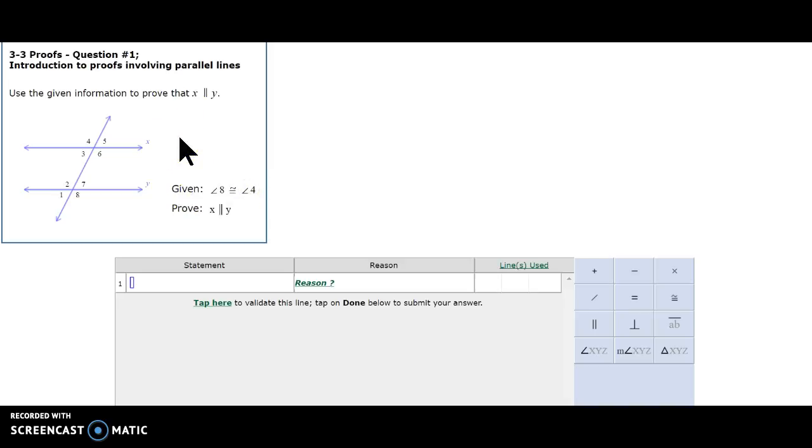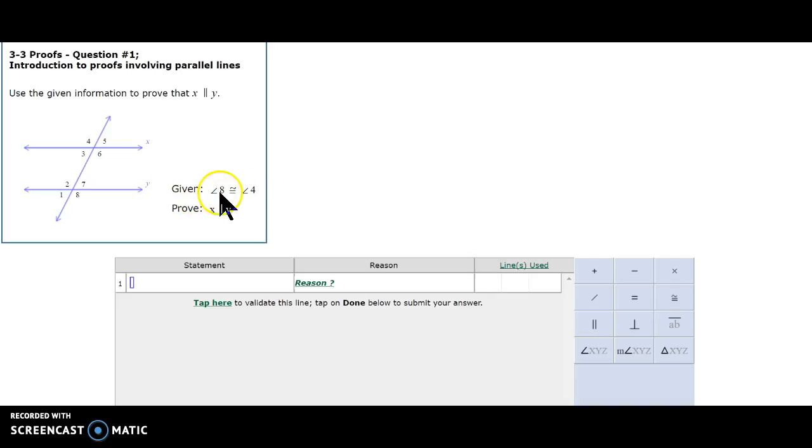So we cannot make any assumption. We can only use what's given to us to prove what they want us to prove. Even though the diagram looks as if x and y are parallel, we need to prove that they're parallel using the properties that hopefully we remembered, right?